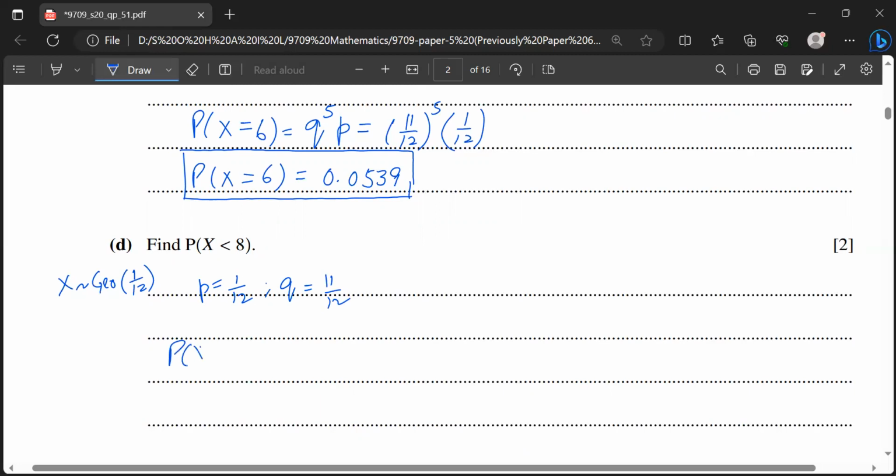So probability of X less than 8. I can give the formulas for the geometric distribution.